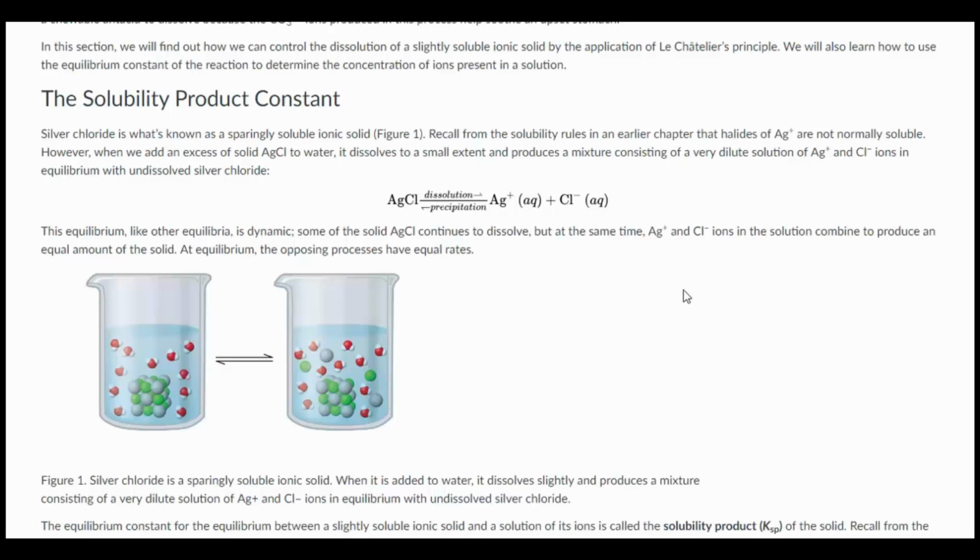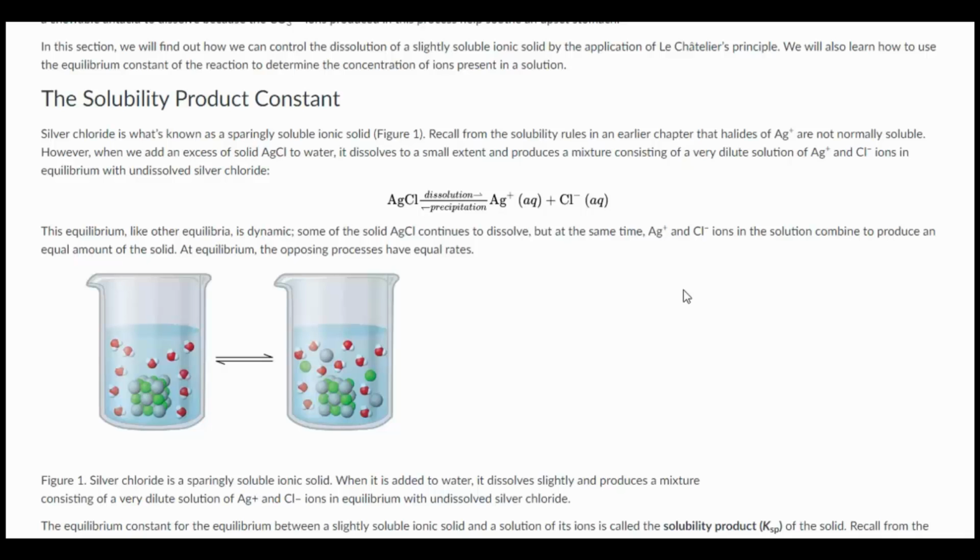What we've been working with for the last two topics, this is the third topic, generating K constants. So these Ks are an equilibrium value. With a solid, what we're looking at is how much will they dissolve.